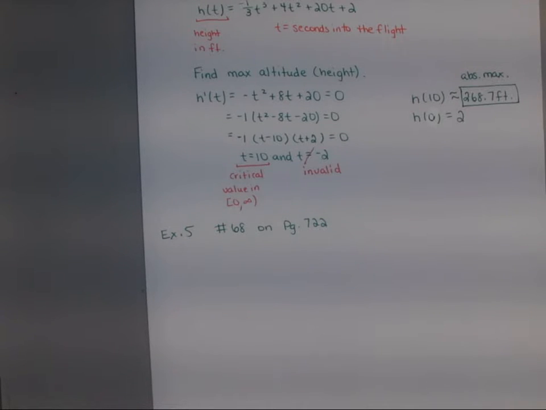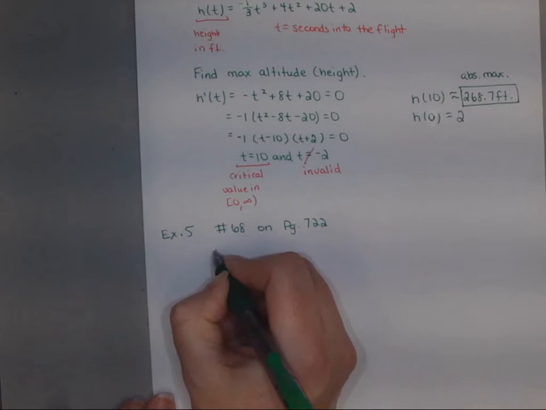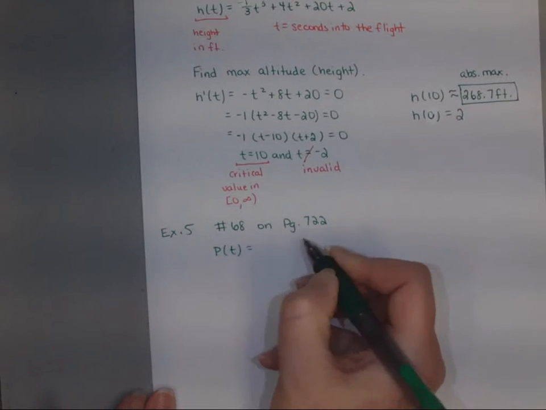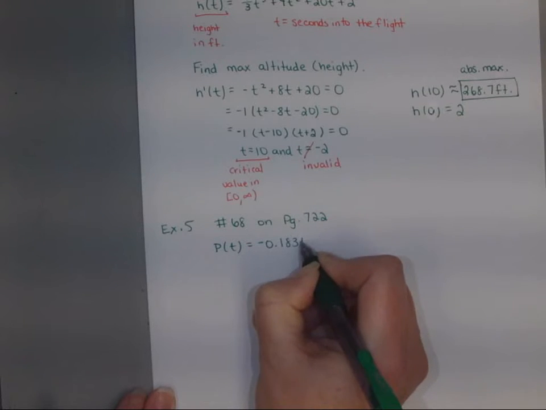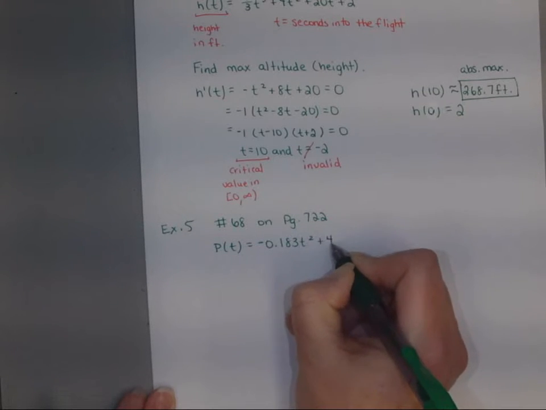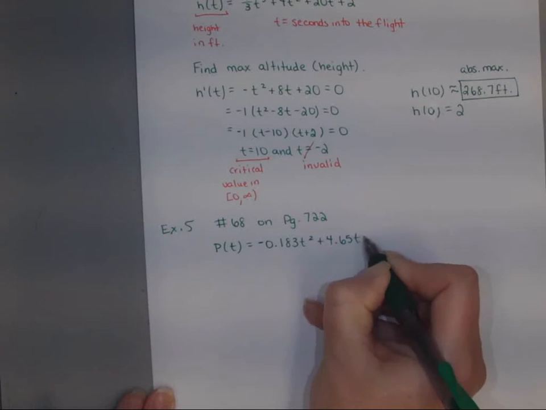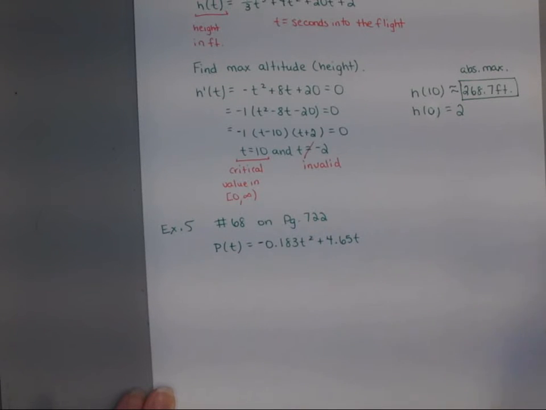Okay, so this is the average price of homes in Massachusetts over a certain time period. And so the price equation is this right here, negative 0.183 t squared plus 4.65 t, or sorry, that's t cubed. Can't read my own writing.